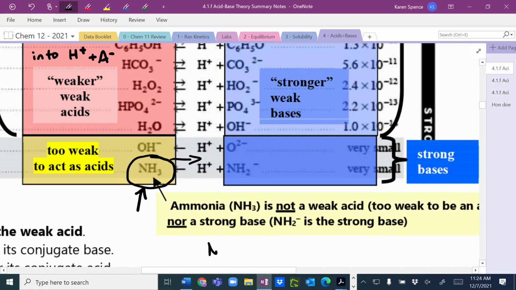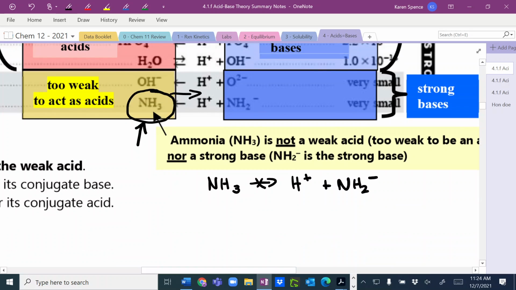If ammonia was able, which it is not, to go this way, what would ammonia be acting as? It's giving up a proton, so it would be acting as an acid.